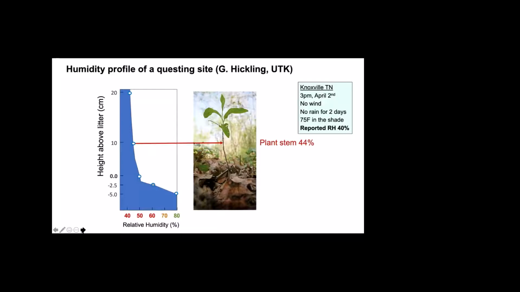The reported relative humidity of 40%, I'm not sure if he got that from a weather app or from a data logger; we often have had data loggers at 1 meter above the leaf litter. But here you have 44% at 10 centimeters above, and then at the surface, 49%. And as you go lower, it gets much more humid.